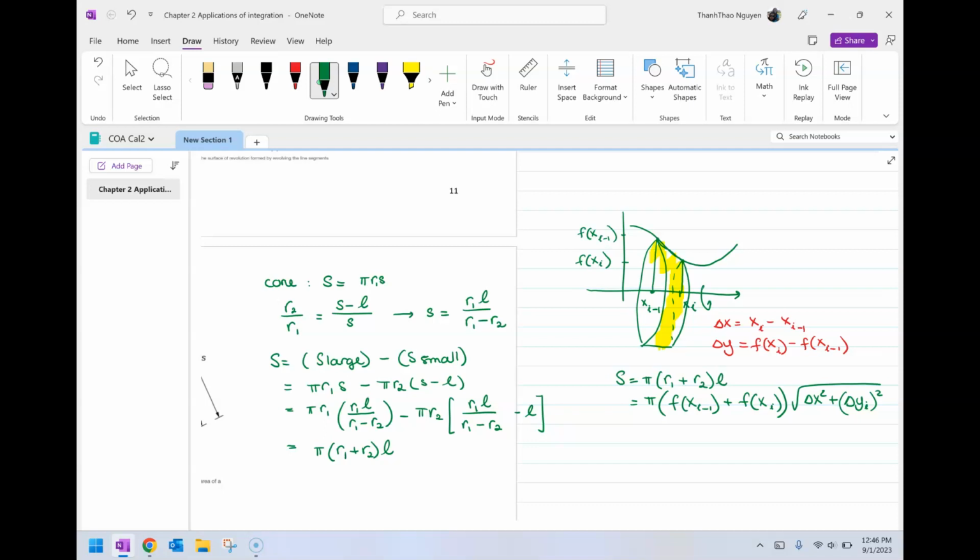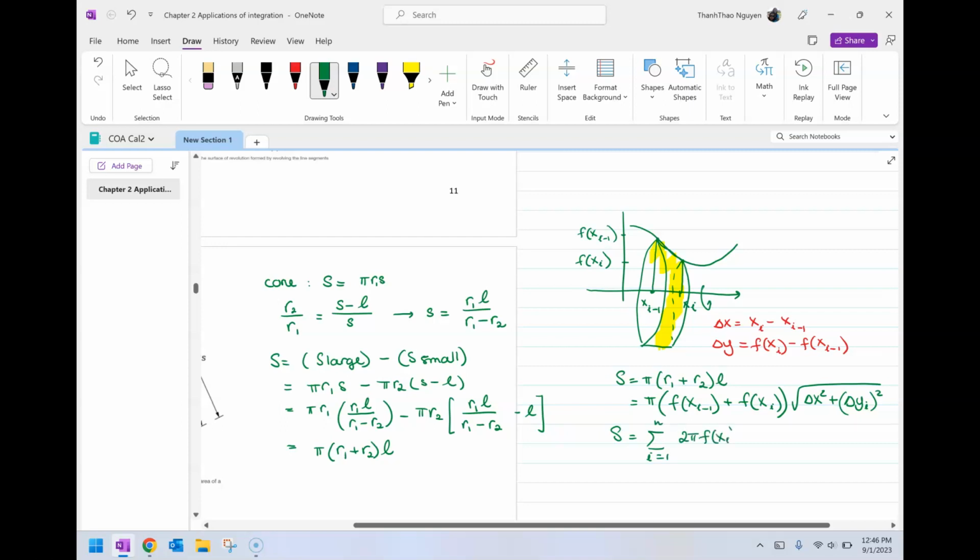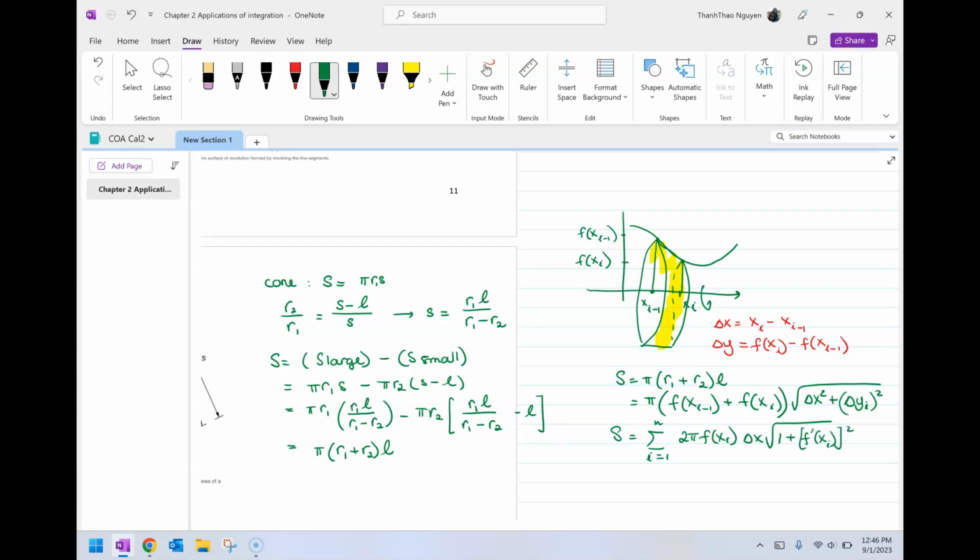This means that we are looking at the surface area. We will add all of these small areas up, which equals the sum from i equals 1 to n of 2 pi times f of x sub i times delta x times the square root of 1 plus f prime of x sub i squared.